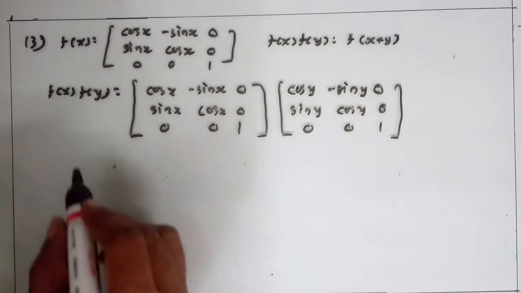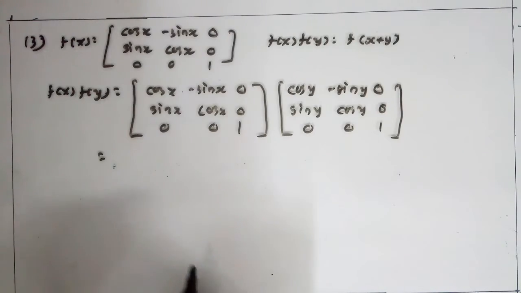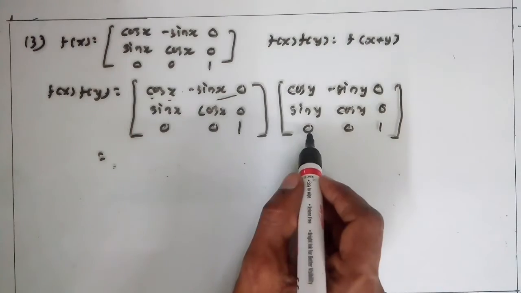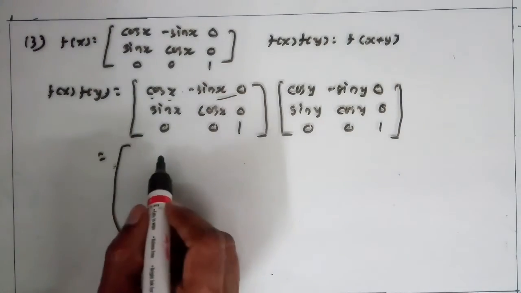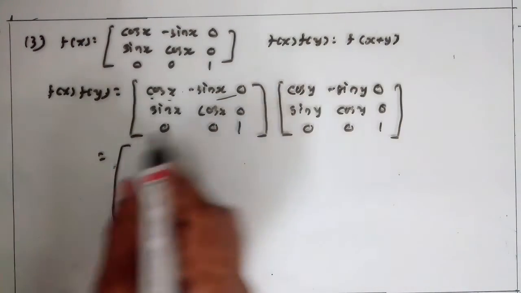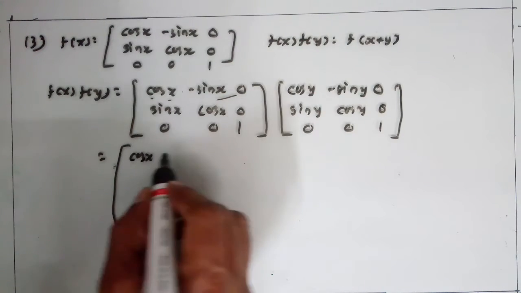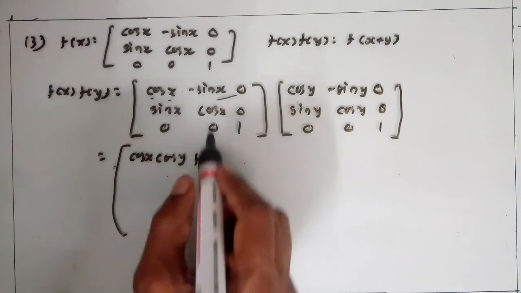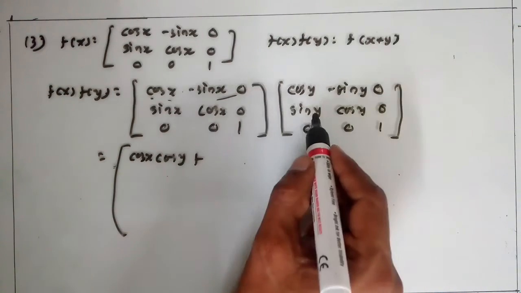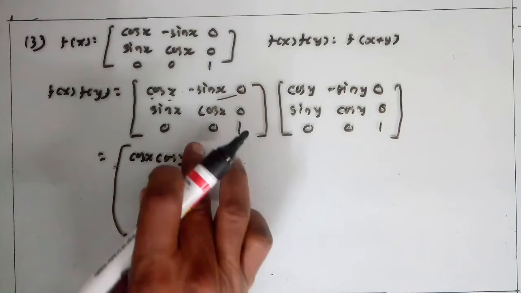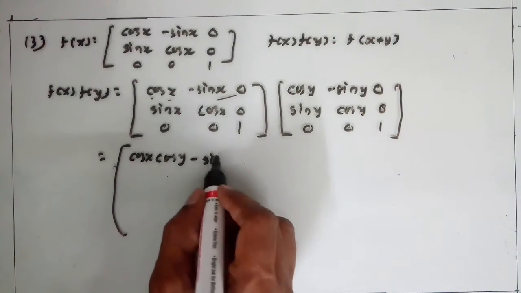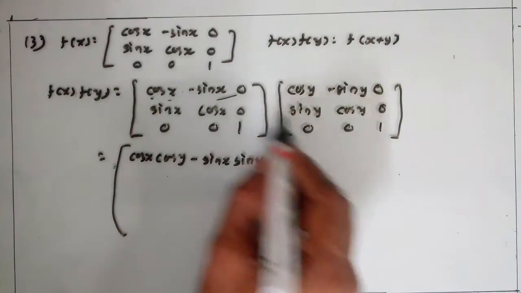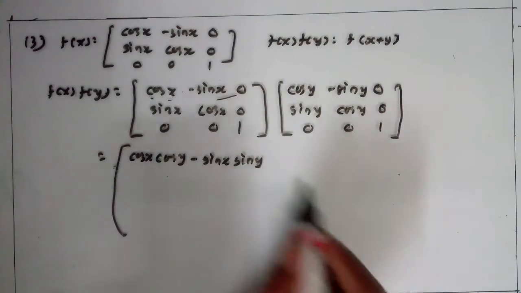Now you know about matrix multiplication. First row, first column gives the first entry: cos x cos y, product of corresponding entries, plus minus sin x sin y, that becomes minus sin x sin y. Clear? 0 into 0, that is 0.